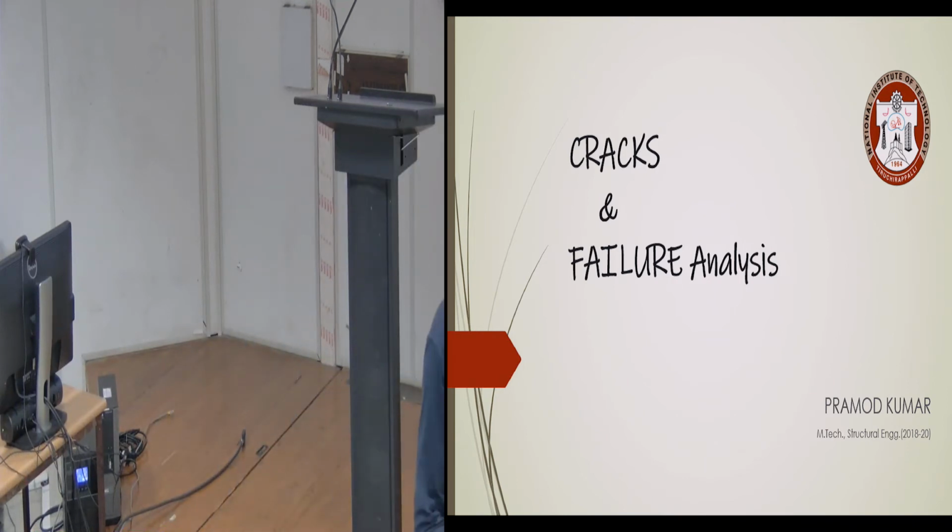Actually, in forensic investigation, our first and foremost aim is to find the causes of the cracks and the failures. In order to find them, we need investigations, interrogations, and inquiries, and the first thing is the photographs.